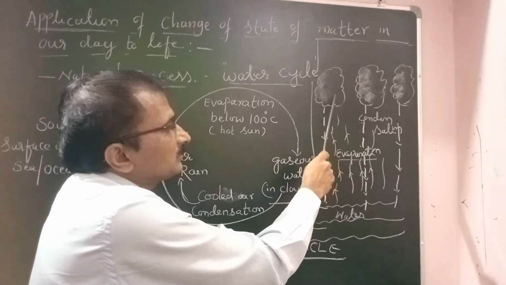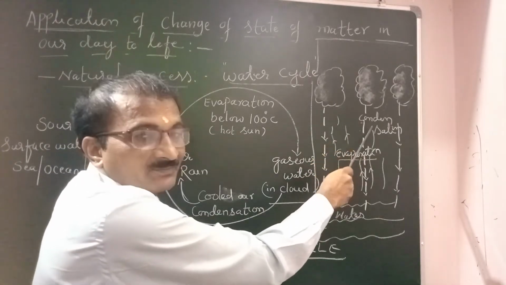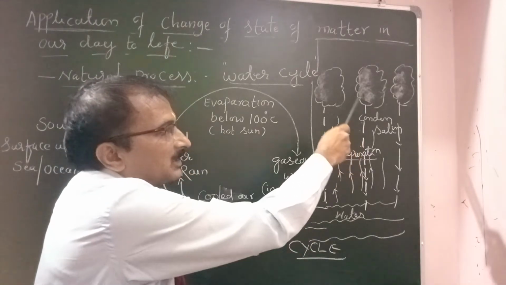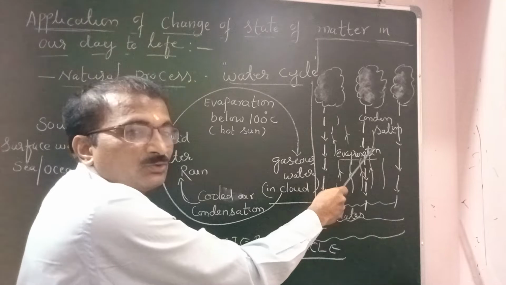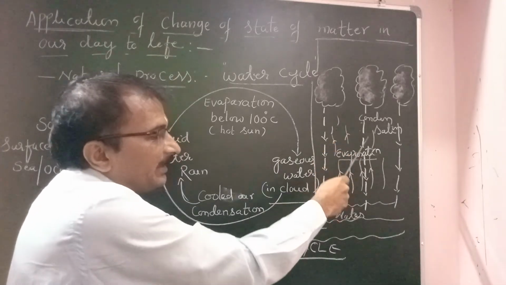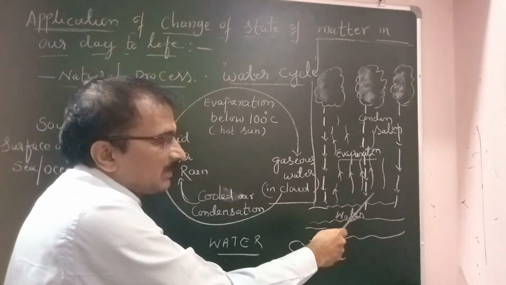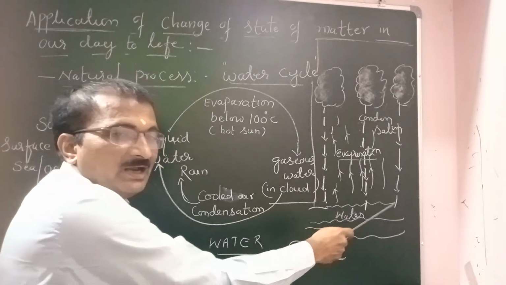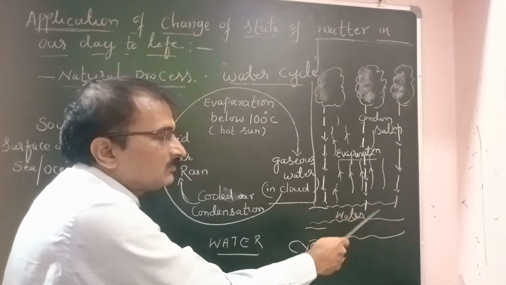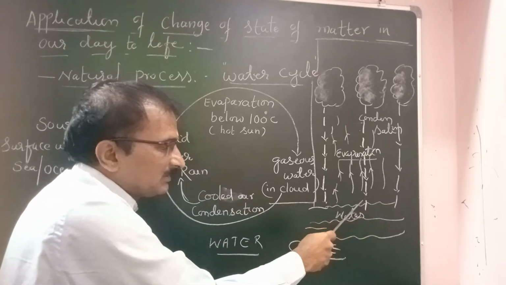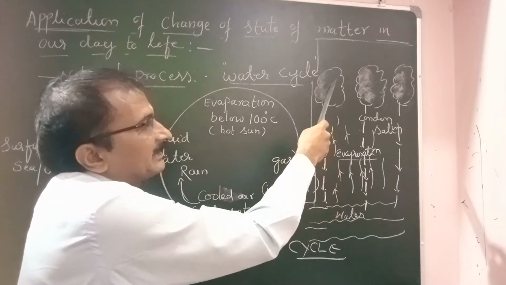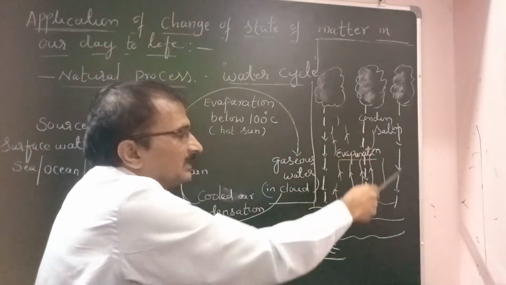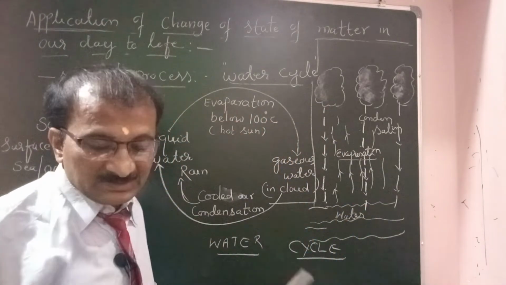When the cloud is cooled by breezy air, the water vapors present in the atmosphere are condensed into droplets and fall as rain droplets on the ground. Again this water reaches the sea and the ocean. Again the ocean water or sea water evaporates, is collected as water vapor, and condensed to rain, and this cycle repeats. Hence it is called the water cycle.